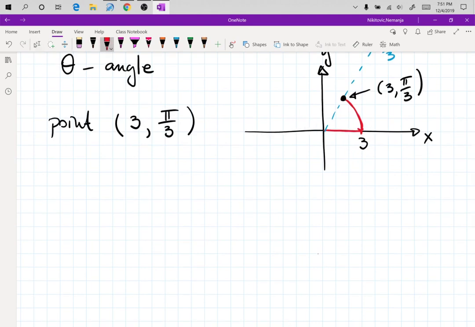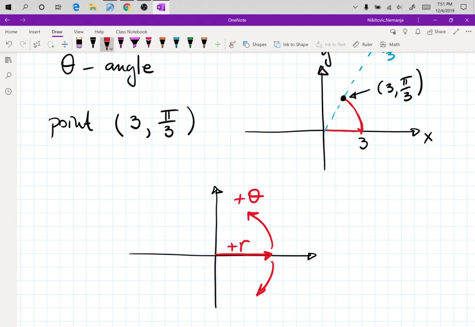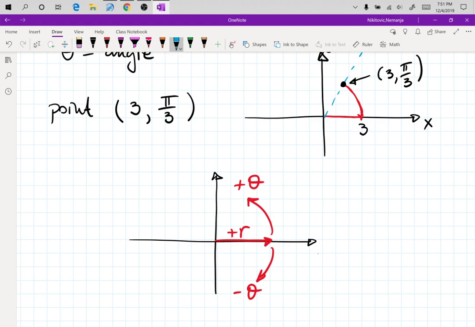Here is some kind of a guide, like a formula, I guess, or a diagram. Your positive R values graph this way, and then you will have your positive thetas counted that way, or your negative thetas counted this way. Similarly, on the other side, you will have your negative R's graphed this way.